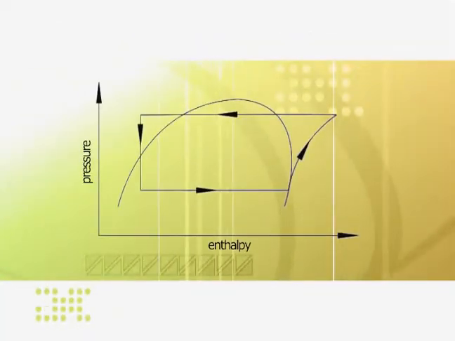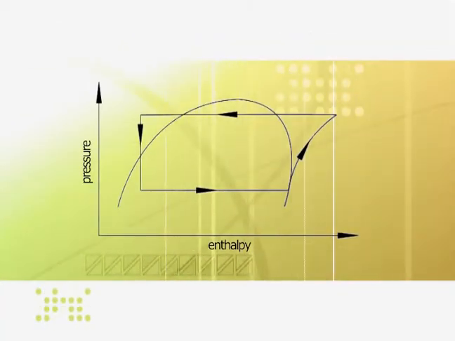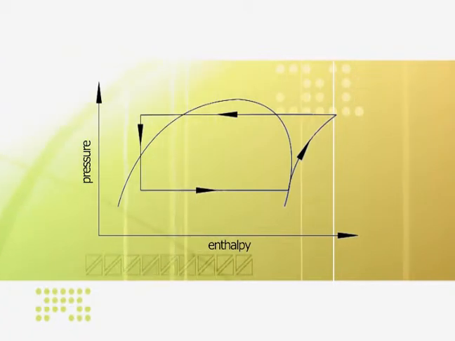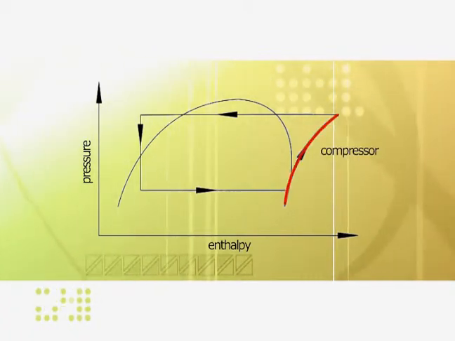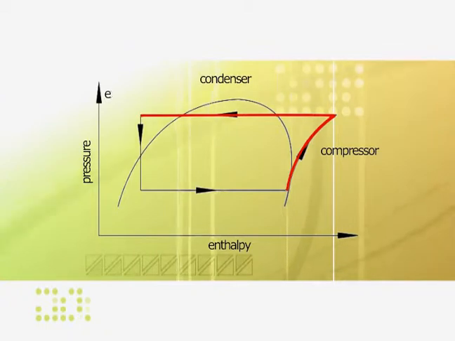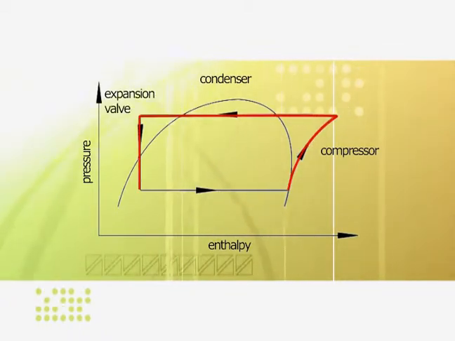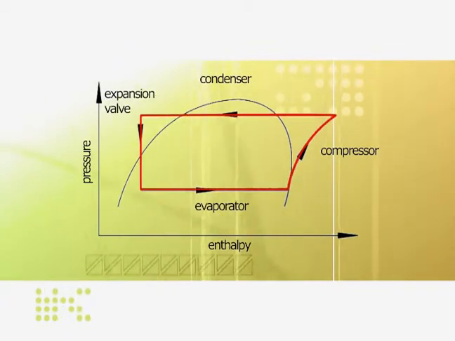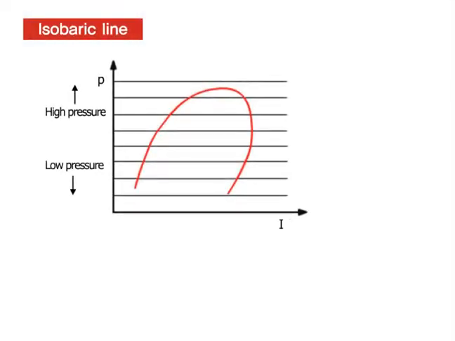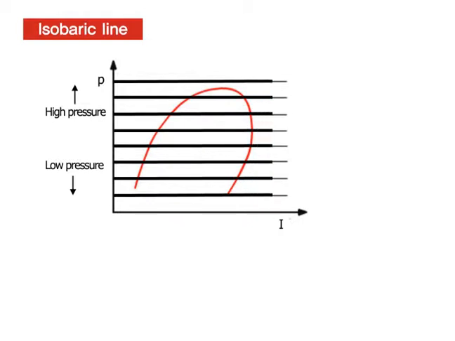These are diagrams for each part as seen in the PH line diagram. As seen in the PH line diagram, compressor, condenser, expansion valve, and evaporator can be understood by identifying them. In the figure, the pressure is a line shown on the horizontal line.